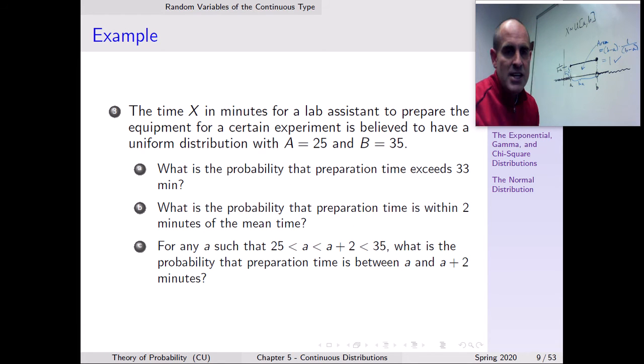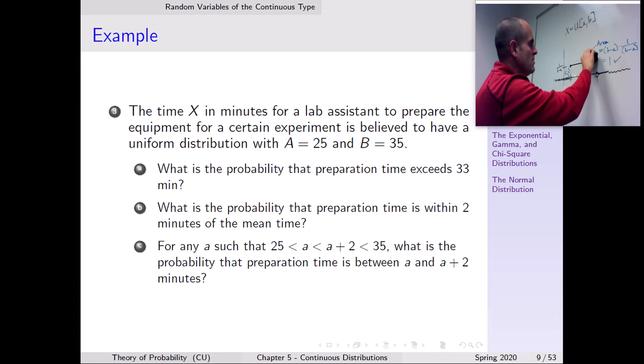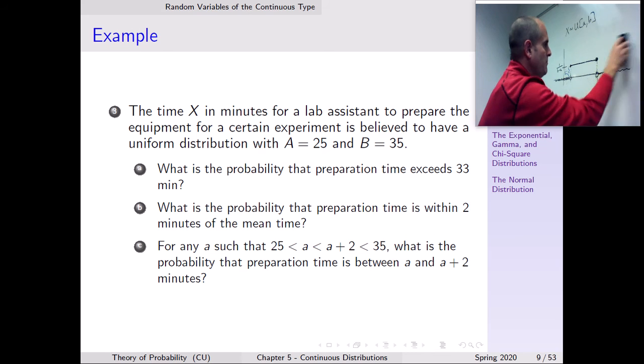Here's an example. X is time in minutes for a lab assistant to prepare the equipment for a certain experiment. It's believed to have the uniform distribution where on the lower end it's 25 and on the upper end it's 35. I'm just going to erase this stuff and keep the picture basically the same.